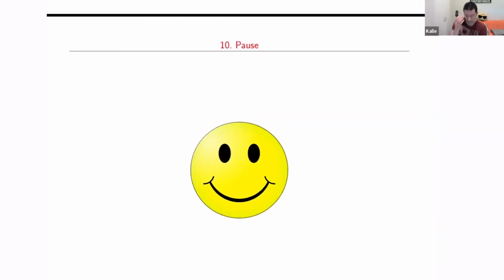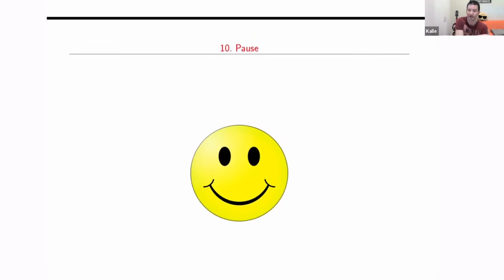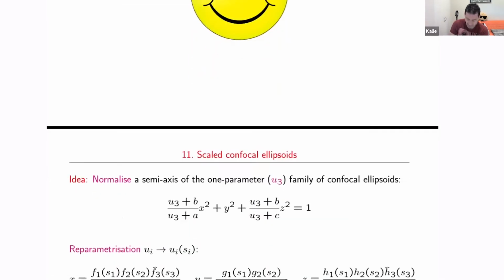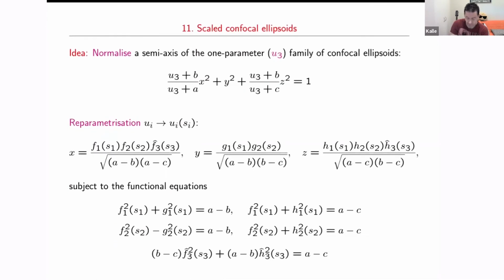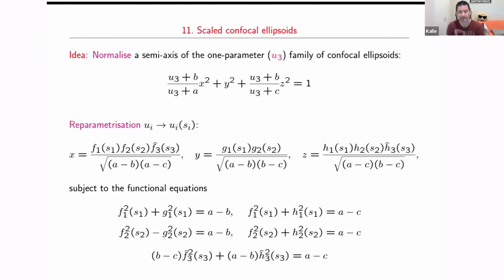So now the question is, how do we relate all this to the problem at hand? The first thing is, let me remind you that when you deform this ellipsoid, one semi-axis doesn't change. So it makes sense to look at the one parameter family of confocal ellipsoids.